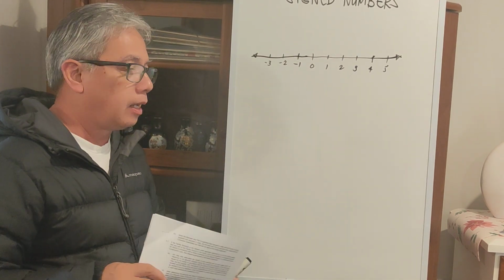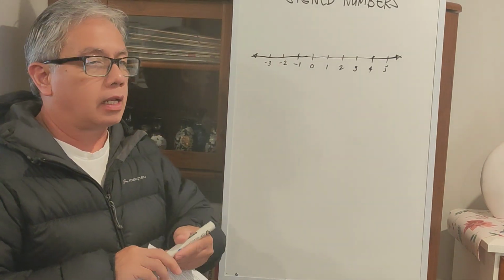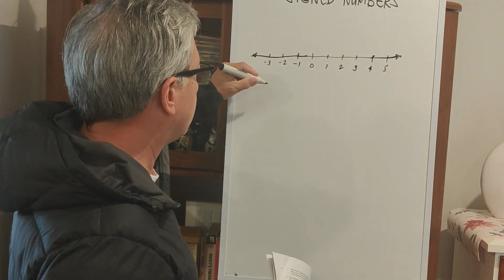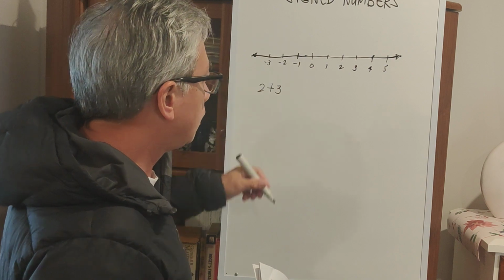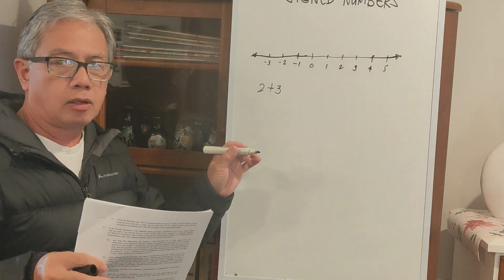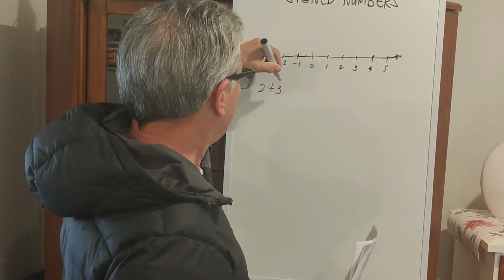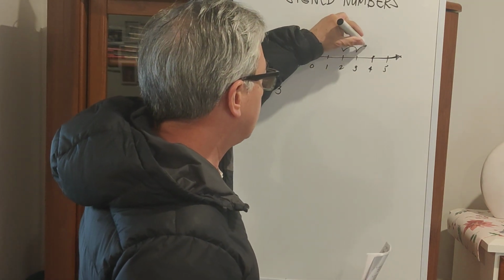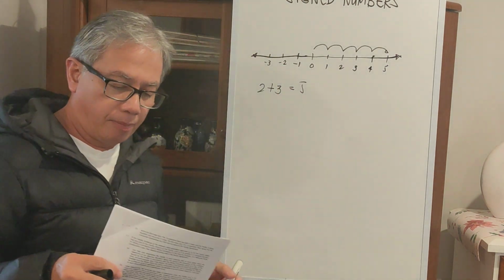Now if you add two positive numbers, like 2 plus 3, you go in the same direction. So 1, 2, and then you add 3: 1, 2, 3, you have 5.